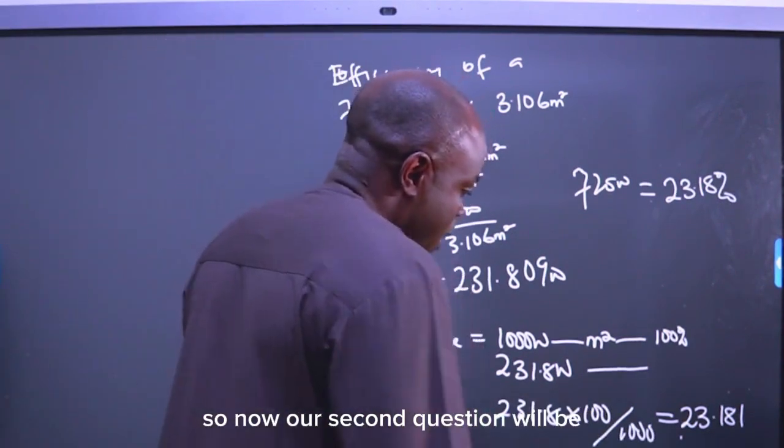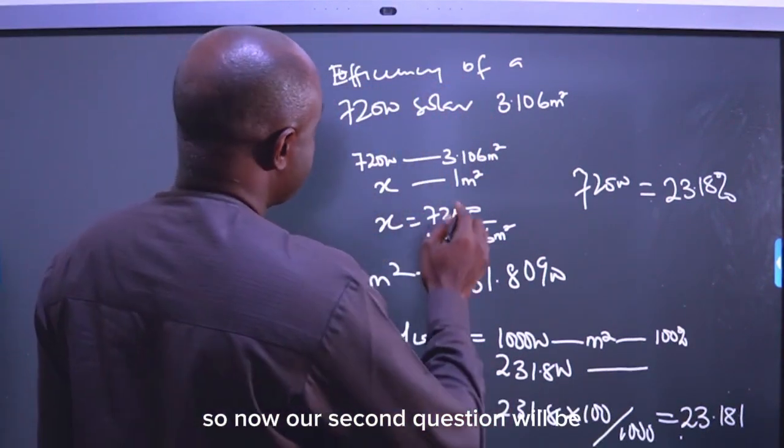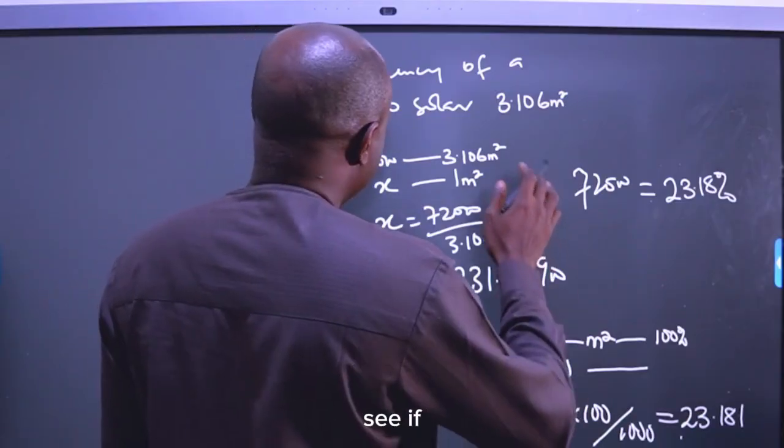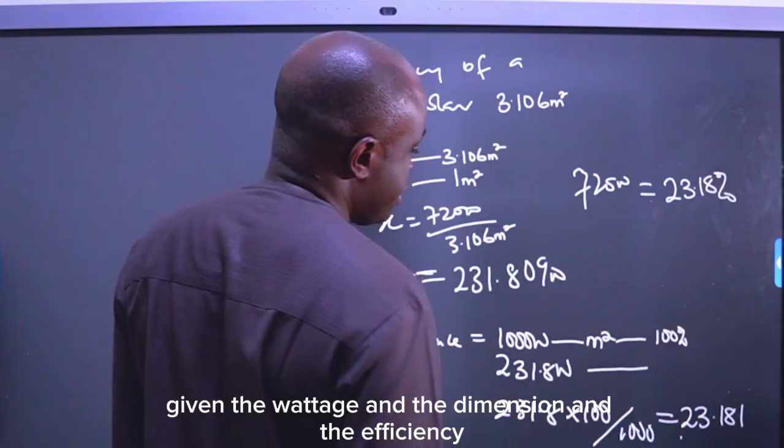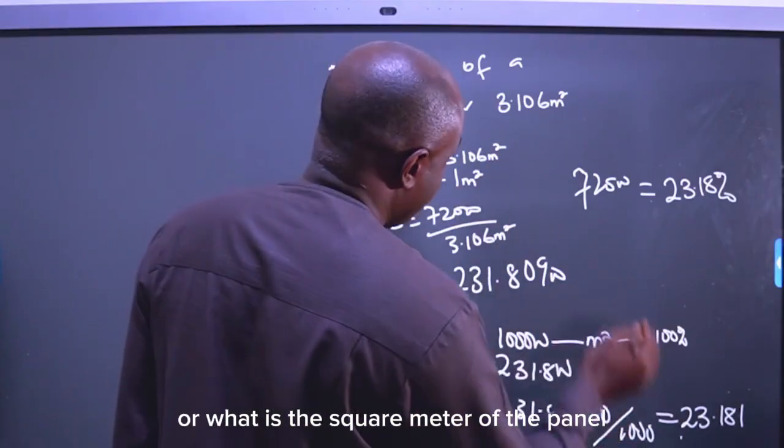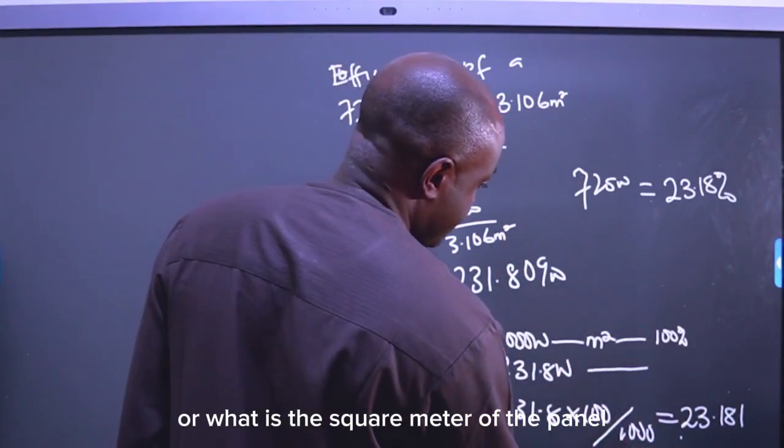Now, our second question: if given the wattage and the efficiency, what is the dimension, or what is the square meter of the panel?